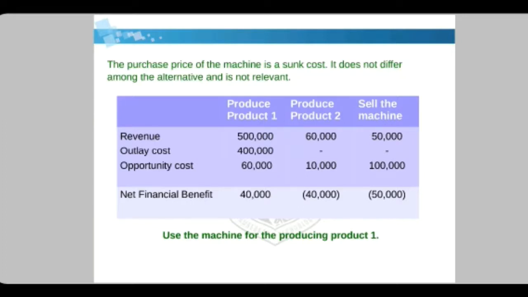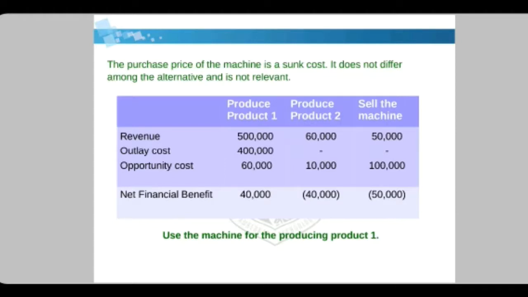So 60,000 is more, meaning producing product 2 is a good option. So that is the opportunity cost. If we compare producing product 2 or selling the machine, selling the machine is not a good option. Producing product 2 is a good option, because in that case we are getting 60,000 rupees. So opportunity cost is 60,000 rupees, and for producing product 2 it is 10,000, and for selling the machine it is 1 lakh.